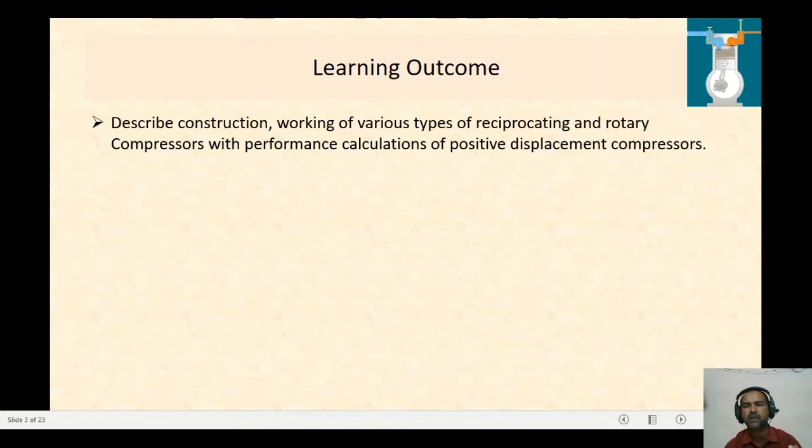Many applications of the air compressor were discussed in session number 1.